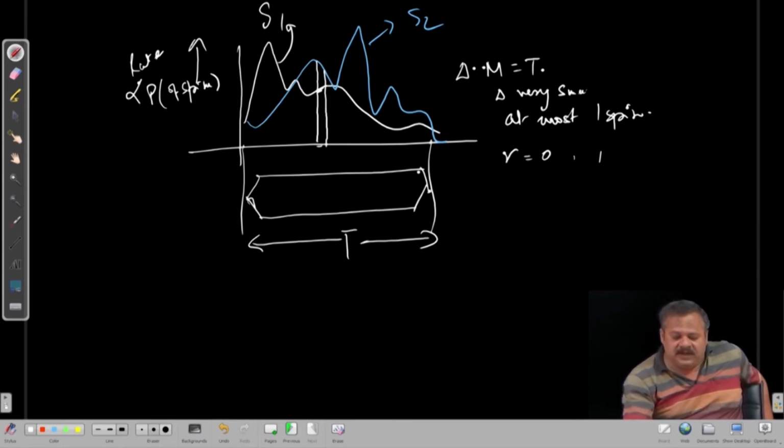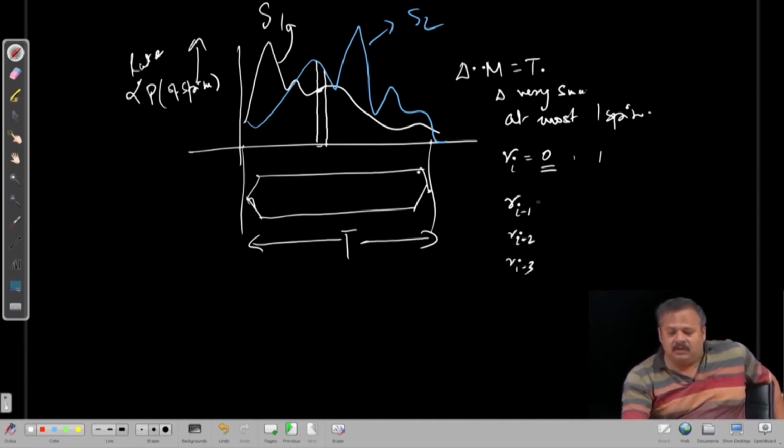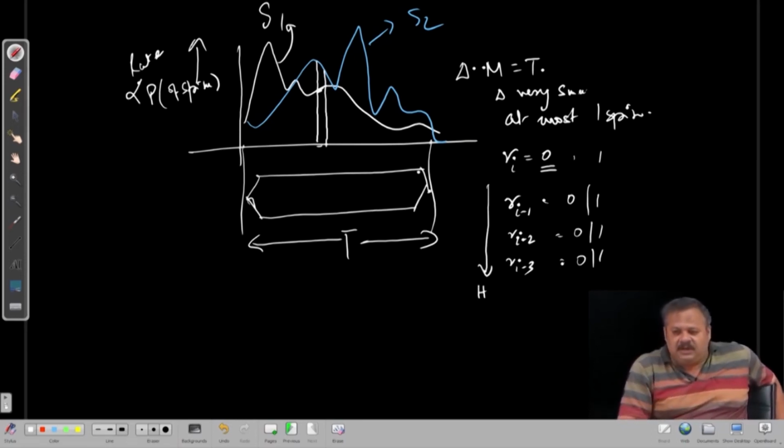But this value is now dependent on the previous responses. So, if this is the ith bin, the actual values taken in r_{i-1}, r_{i-2}, r_{i-3}, whatever was the value, whether it was 0 or 1, up to some history number of bins, let us say capital H bins.